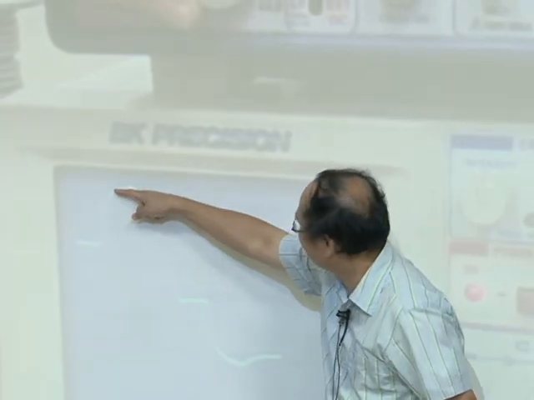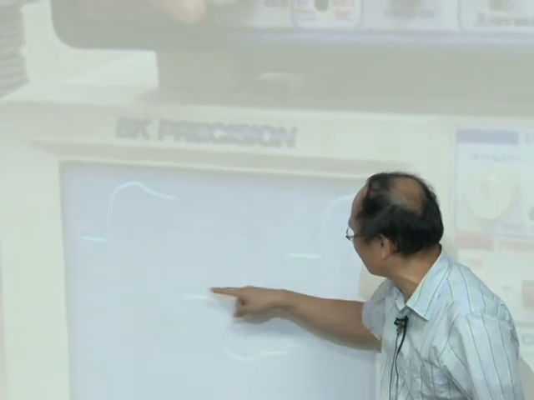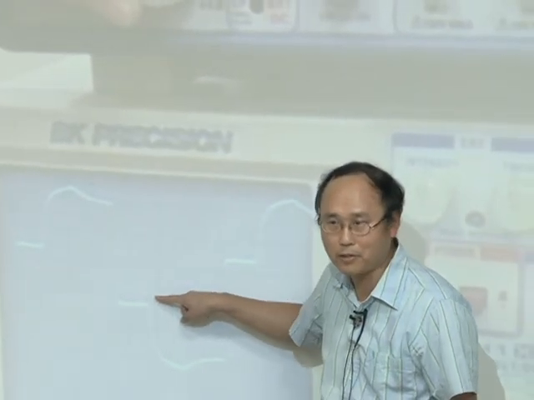You have some amplitude go up and come back down to somewhere below this 0.9, this flat part.